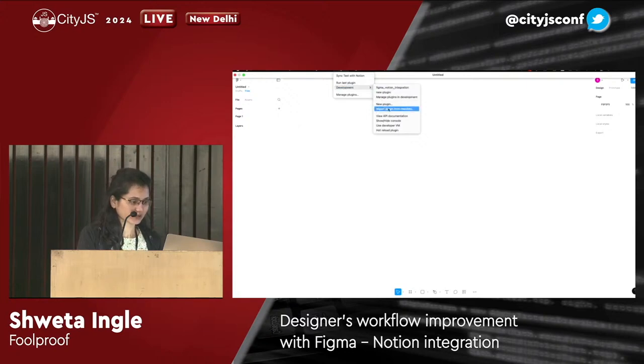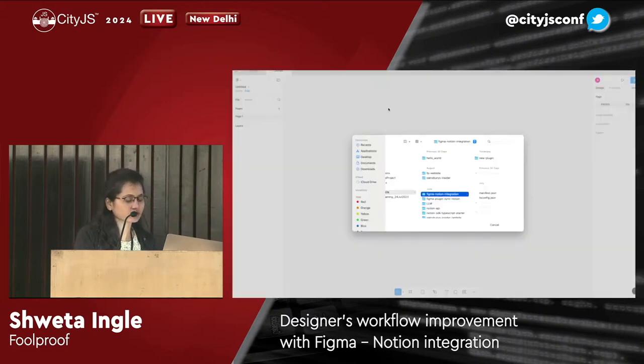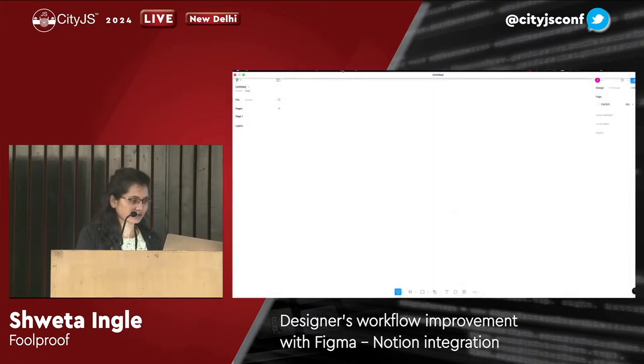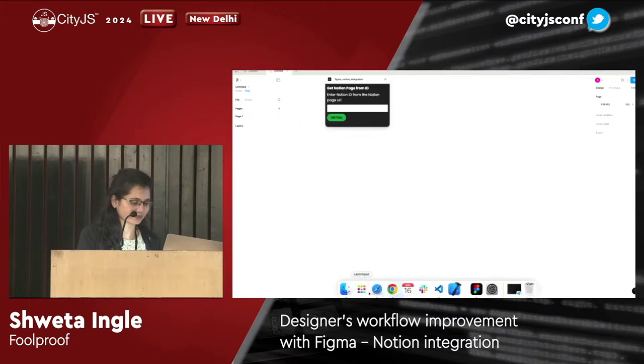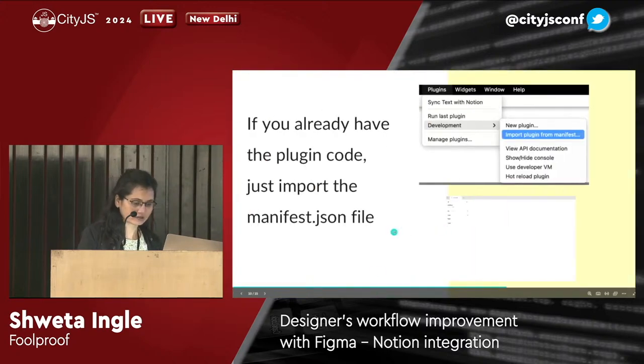Use import manifest, import the file. Once it is imported, you will get those plugins listed on top of the list. You can just click on it and it will run.